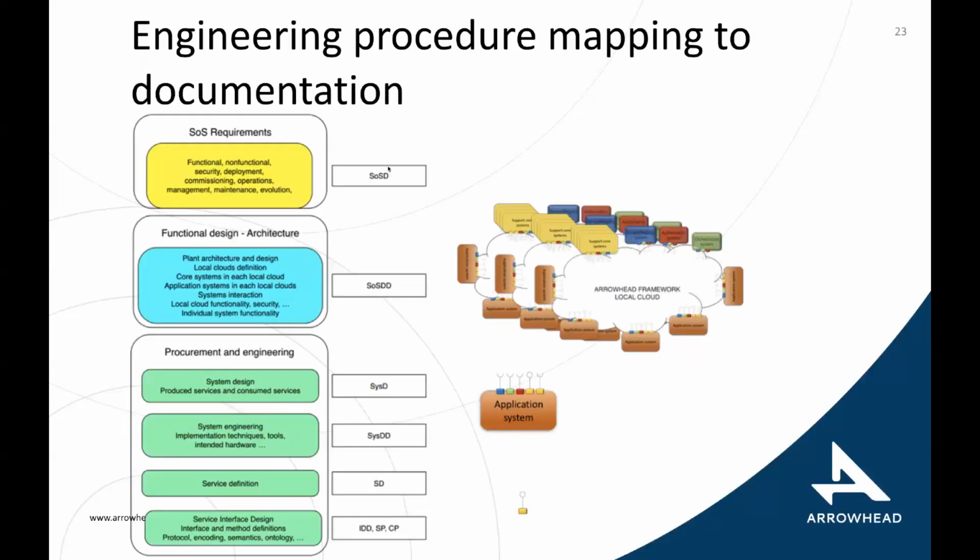So on the requirements part, this is the SoSD. The functional design and the actual architectural implementation will be the system of systems design documents. And then for each of the systems, we will have system design documents, and where we then have the hardware that will be involved, connected to the procurement process, we will go to a system design description, and then the service description will be there, and then finally the interfaces will be there.